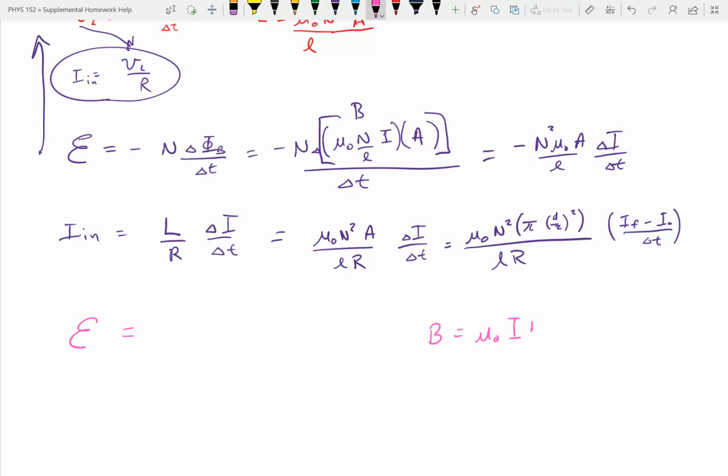Mu naught I N over L. I could solve that for N in terms of B, but then I have I and L that I don't know.